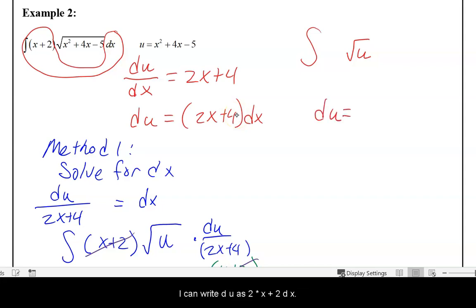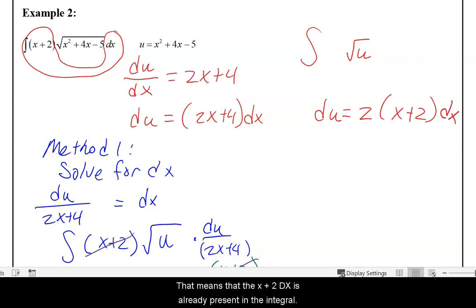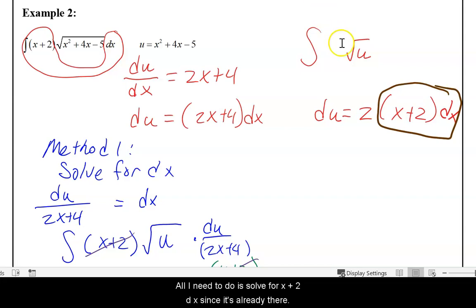I can write du as 2 times x plus 2 dx. That means that the x plus 2 dx is already present in the integral. All I need to do is solve for x plus 2 dx, since it's already there, by dividing both sides by 2.